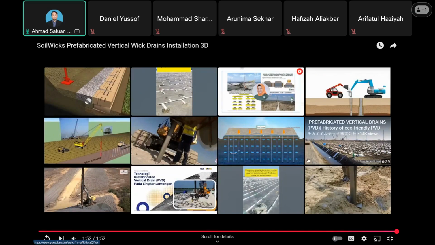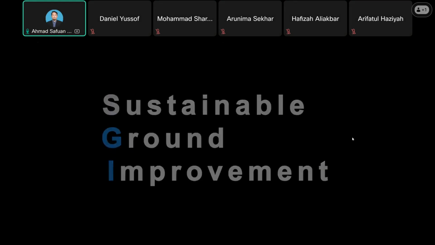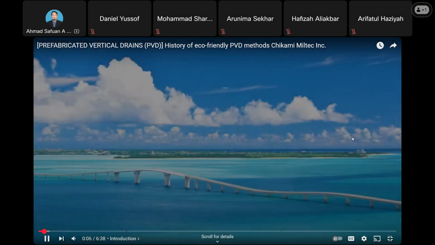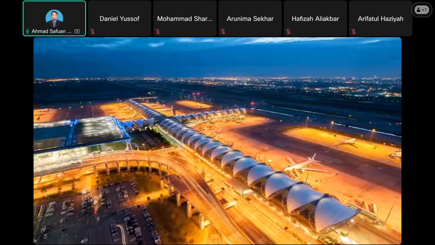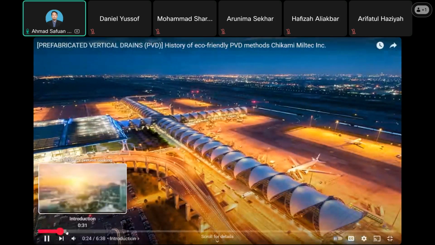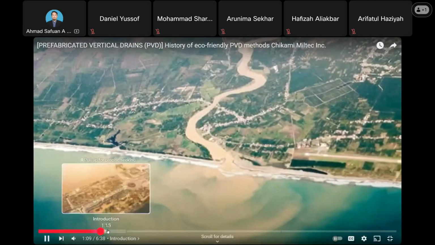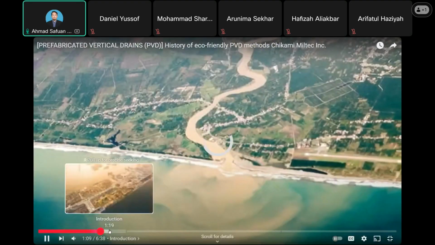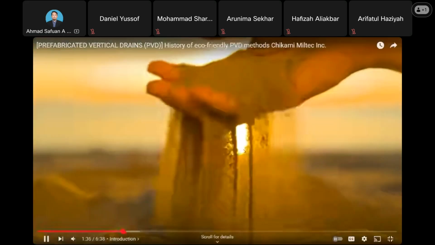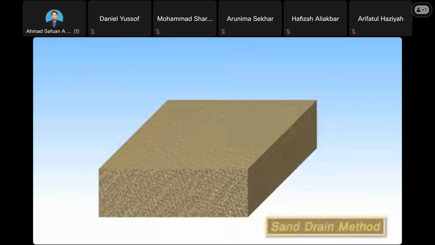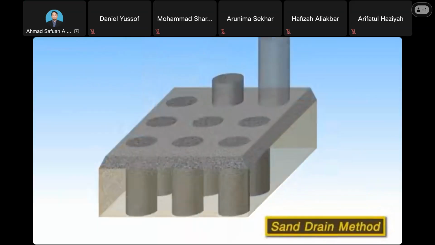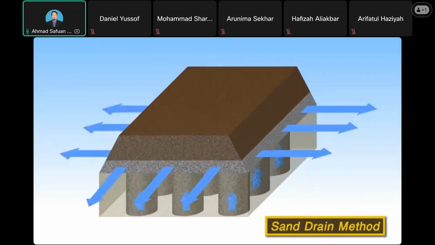We look at the last one, which is called the Sandler method.